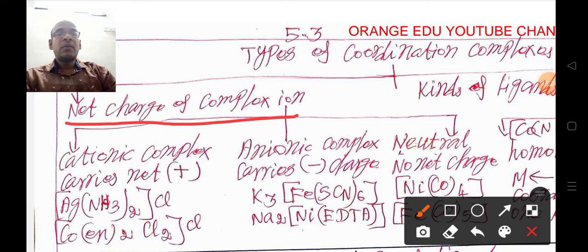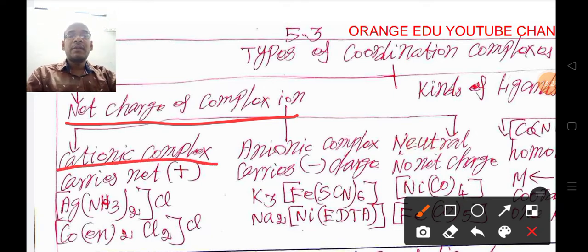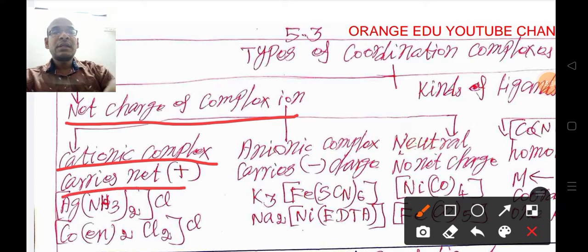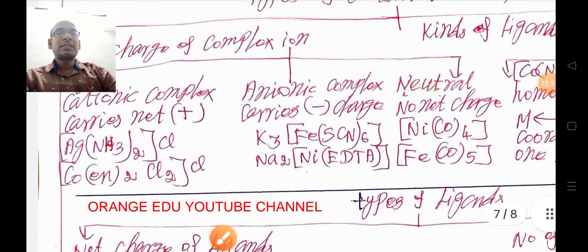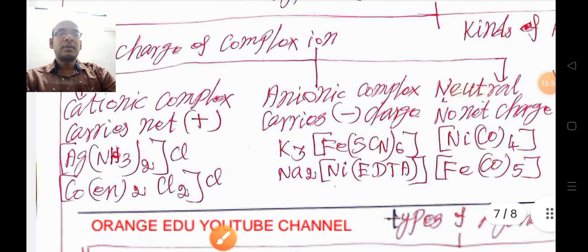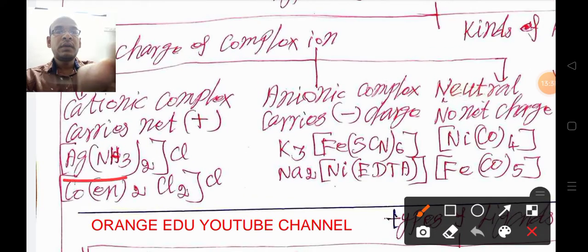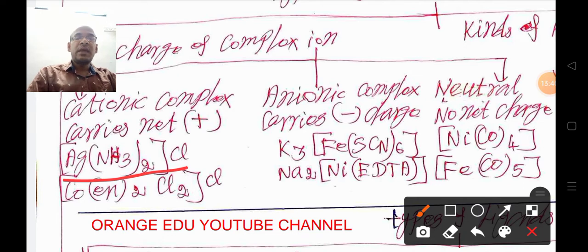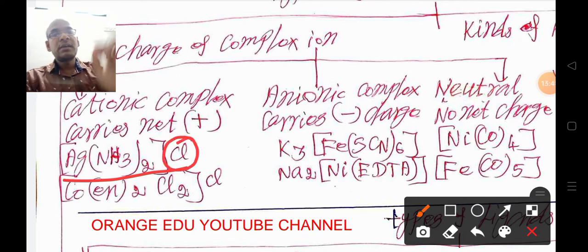Therefore, first, cationic complex ion: it carries the net positive charge. Example, in this coordination complex ion, Cl is the simple ion.